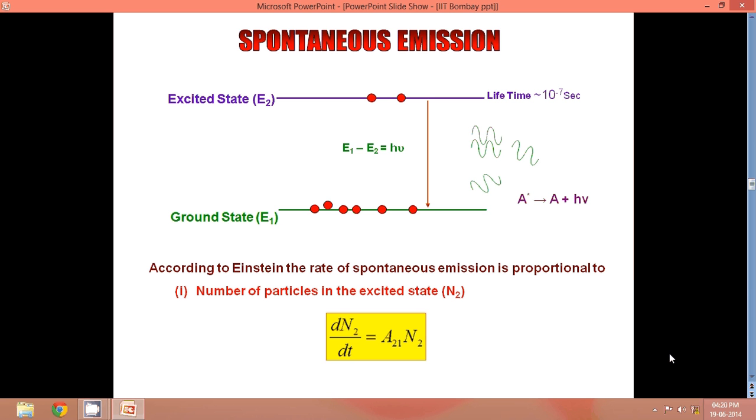As we are not supplying any external excitation, according to Einstein, the rate of transition from higher level to lower level, that is dN2 by dt, is proportional only to the number of particles at the excited level. Here A21 is called the Einstein coefficient of spontaneous emission.